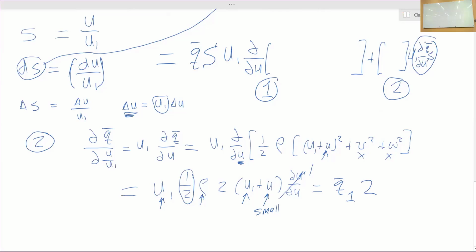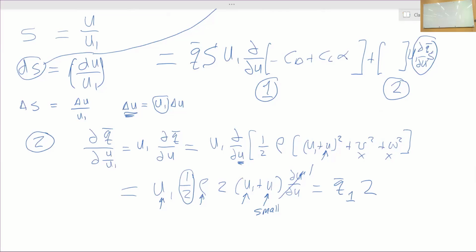And then the second part is easy because of what's inside this bracket up here, and we're saying, well, what is the derivative of that with respect to u over u1?